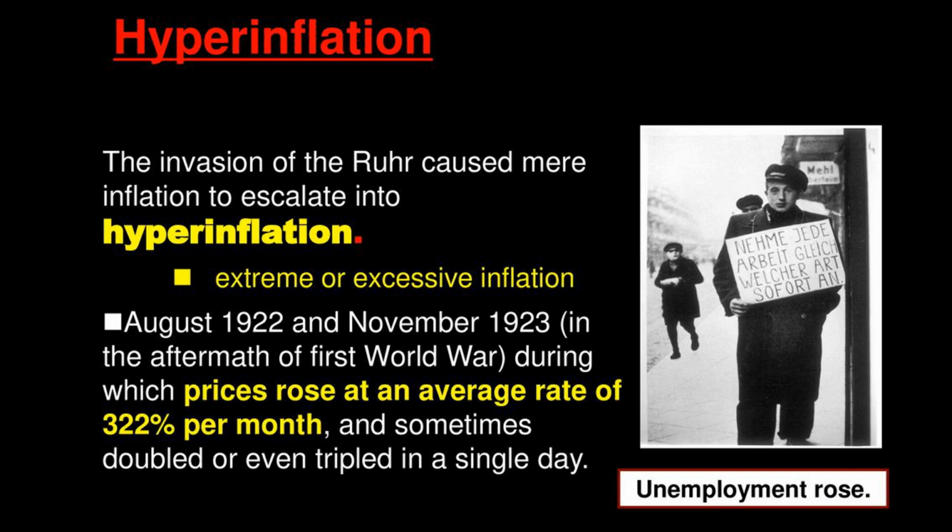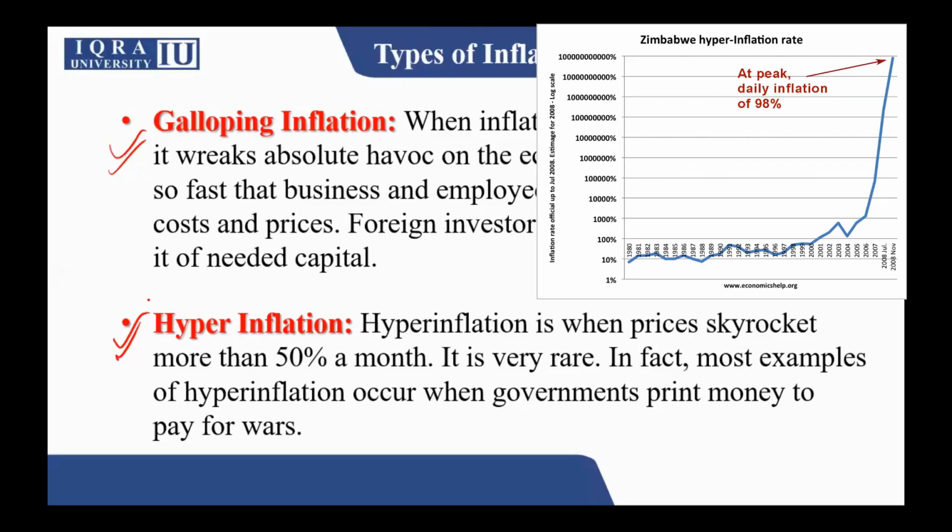Zimbabwe in the 2000s and Venezuela in 2010. So there are multiple examples of hyperinflation, when the rate of inflation shoots up, skyrocketed very high. The last time America experienced hyperinflation was during its Civil War.